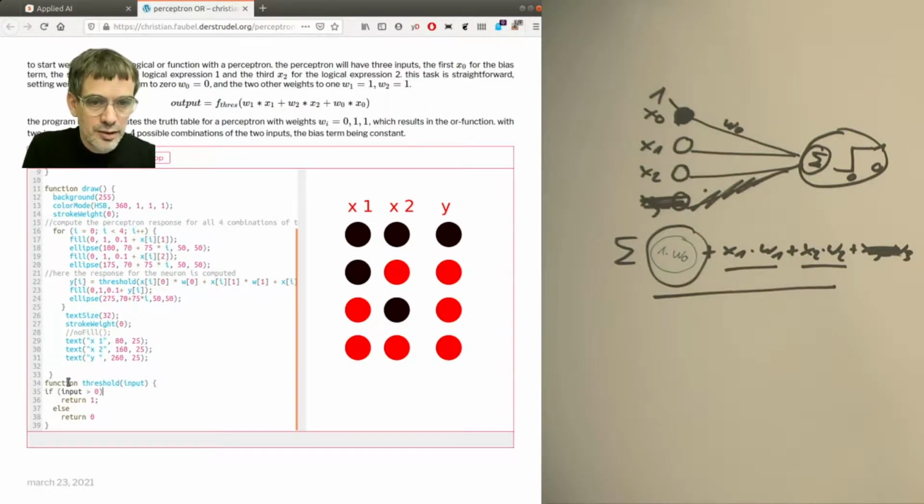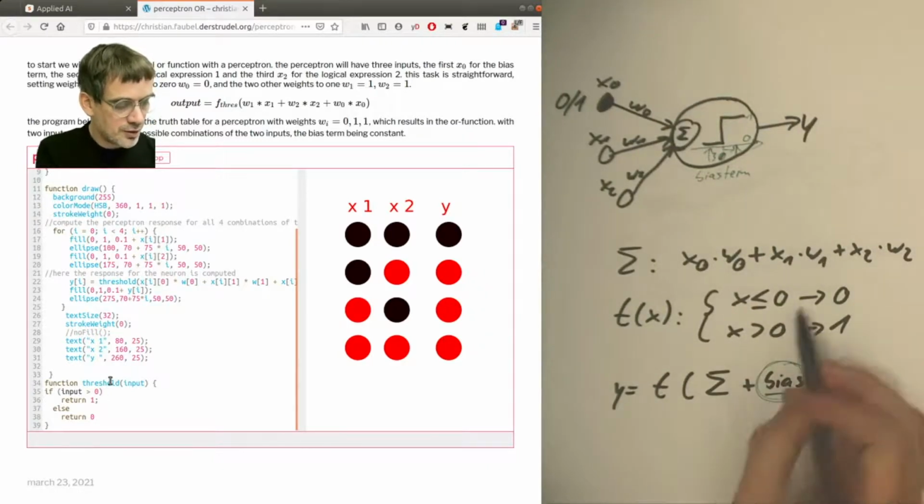It checks if the input variable is larger than 0, it returns 1, and for all other cases it returns 0. So that is the threshold function as I just defined it here.